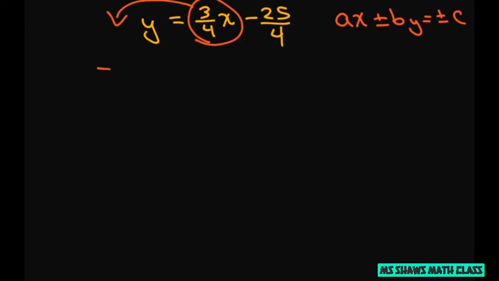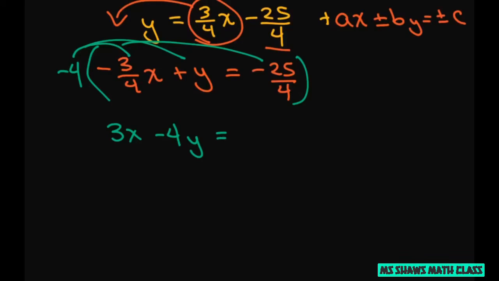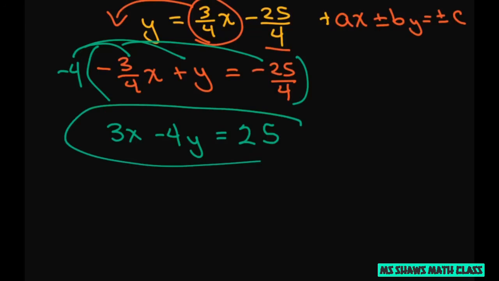So subtract: -3/4 x plus y, and this is your c, equals -25/4. So no fractions. Also, this has to be positive. So let's just multiply everything through by -4. When you do that, you're going to get 3x minus 4y equals 25, because the 4's will cancel. All right, and that is your standard form.